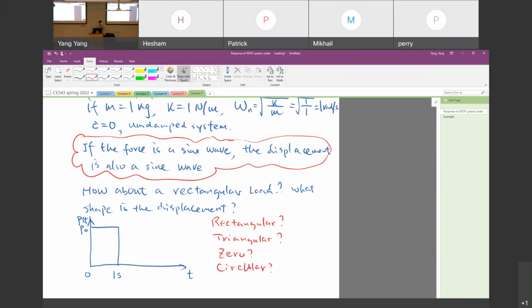So what will be the shape of the displacement? Online students, what are your thoughts? What will be the response?